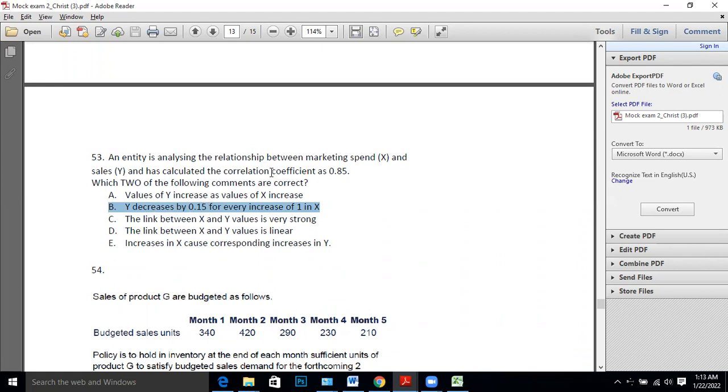The link between X and Y values is linear, and increases in X cause a corresponding increase in Y. Just because the value is strong, we cannot say it's linear. There can sometimes be non-linear cases as well, even though in our syllabus we have only linear.